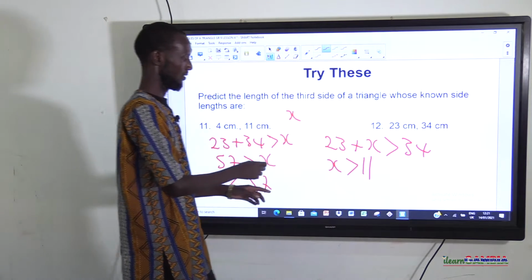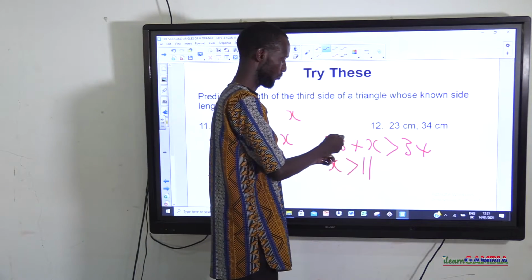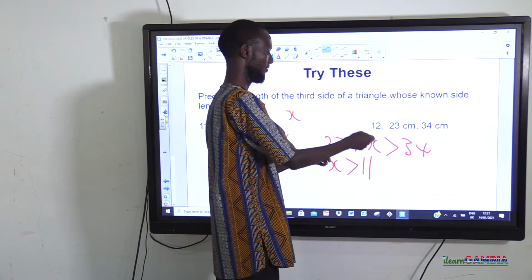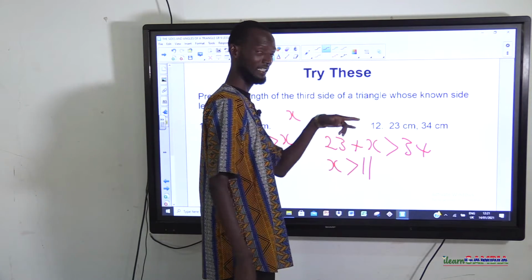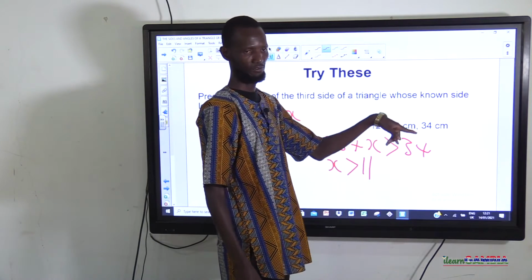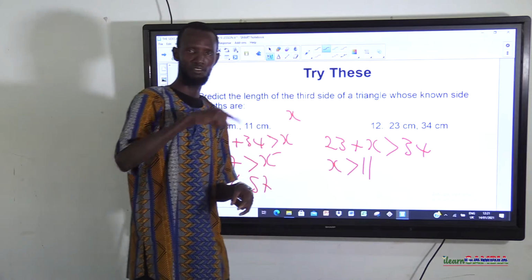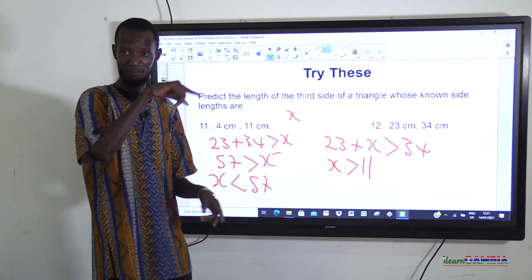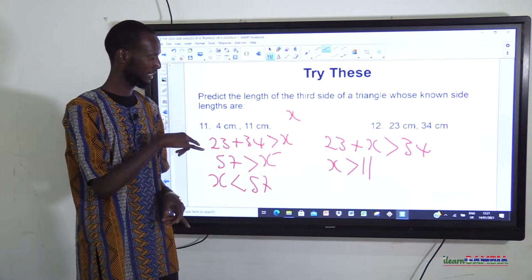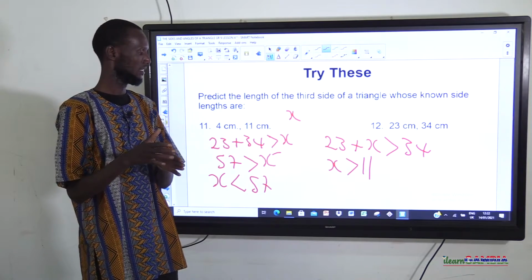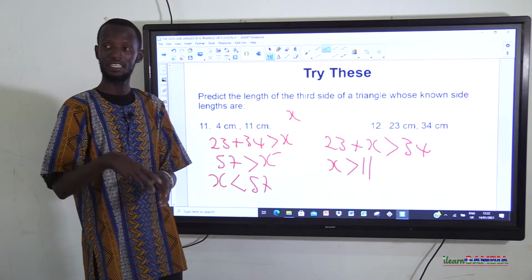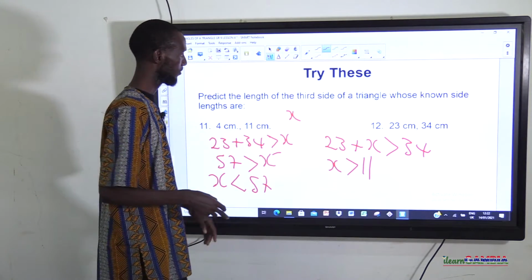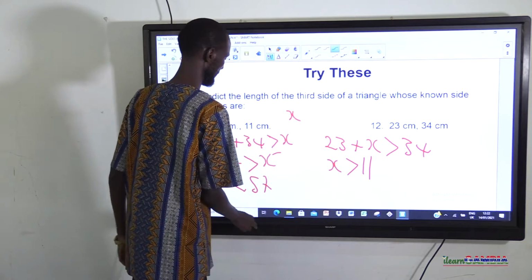Because now, let's say 12. 12 plus 23 will give you 35, and 35 is greater than 34. And you keep increasing the number, and then that sum will keep rising. Okay? So our x here has to be greater than 11. Now, put these things together.